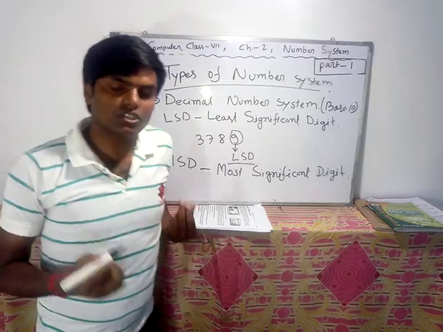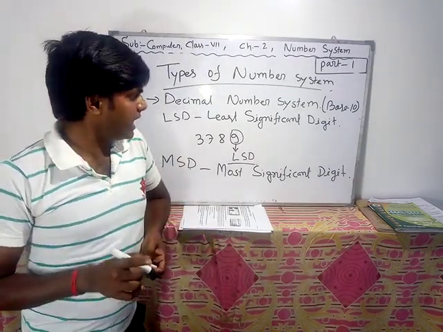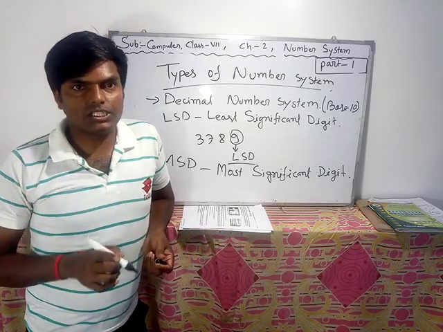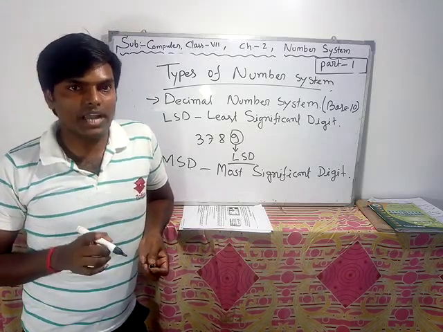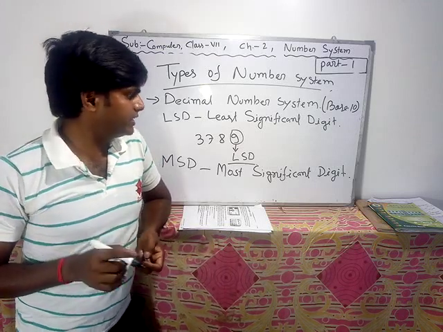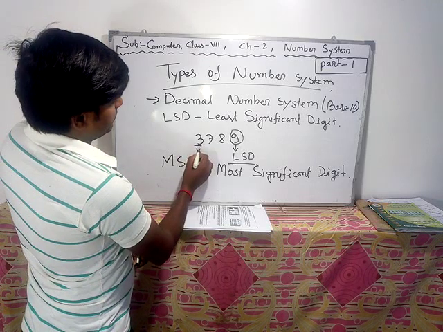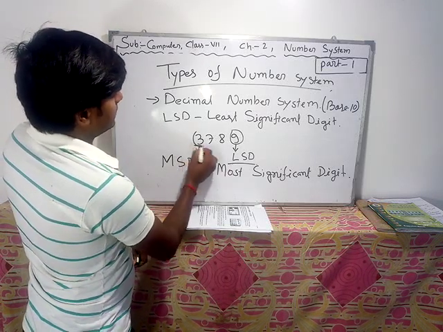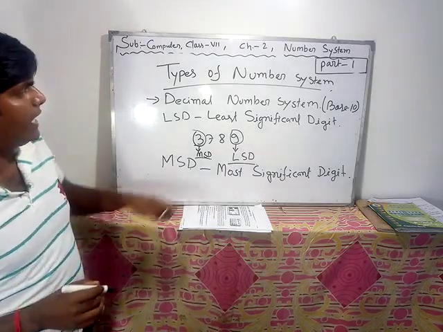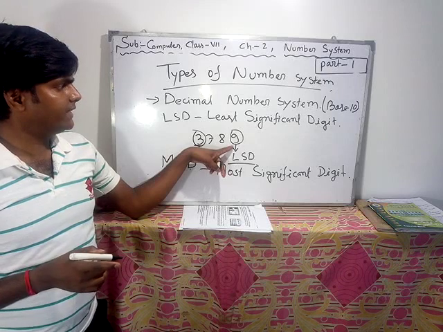What is that most significant digit? The leftmost position is known as the most significant digit. Leftmost means which one? This is leftmost, so MSD. This is MSD, and this is the least significant digit.